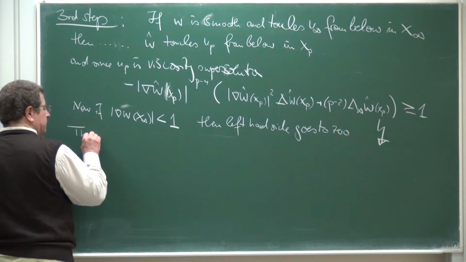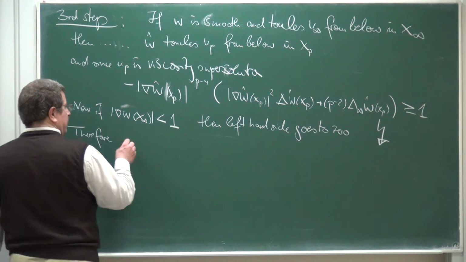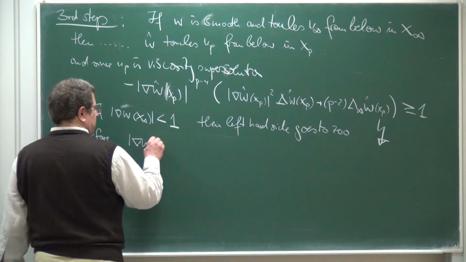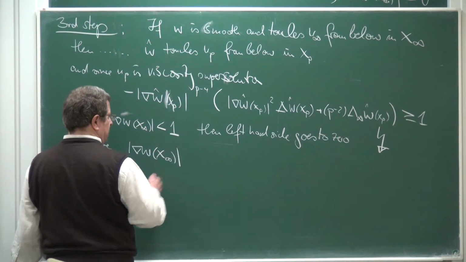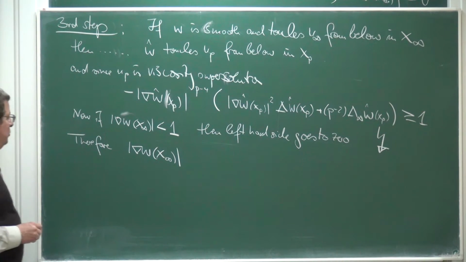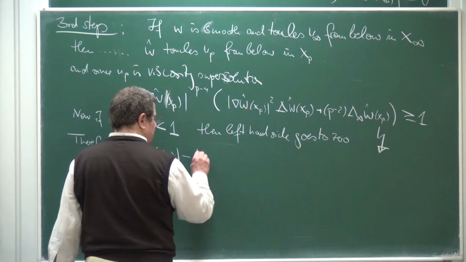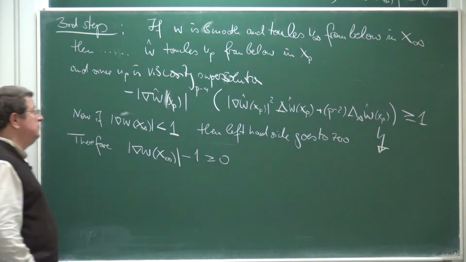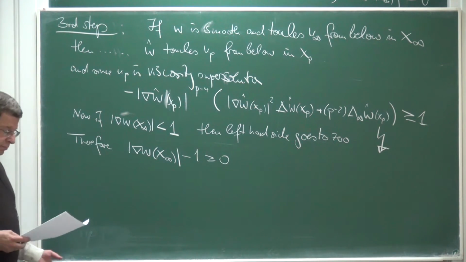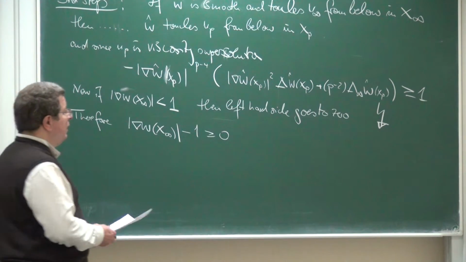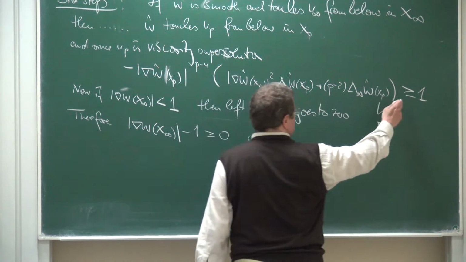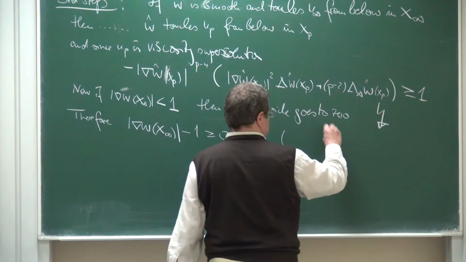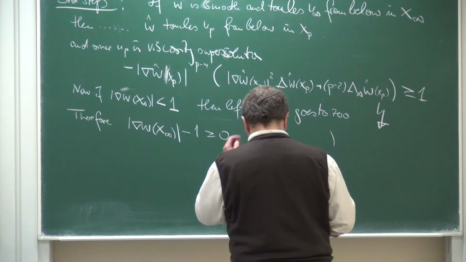Therefore, the gradient of W in x infinity is greater or equal to 1, or this minus 1 is greater or equal to 0. And this round bracket here is less or equal to 0.